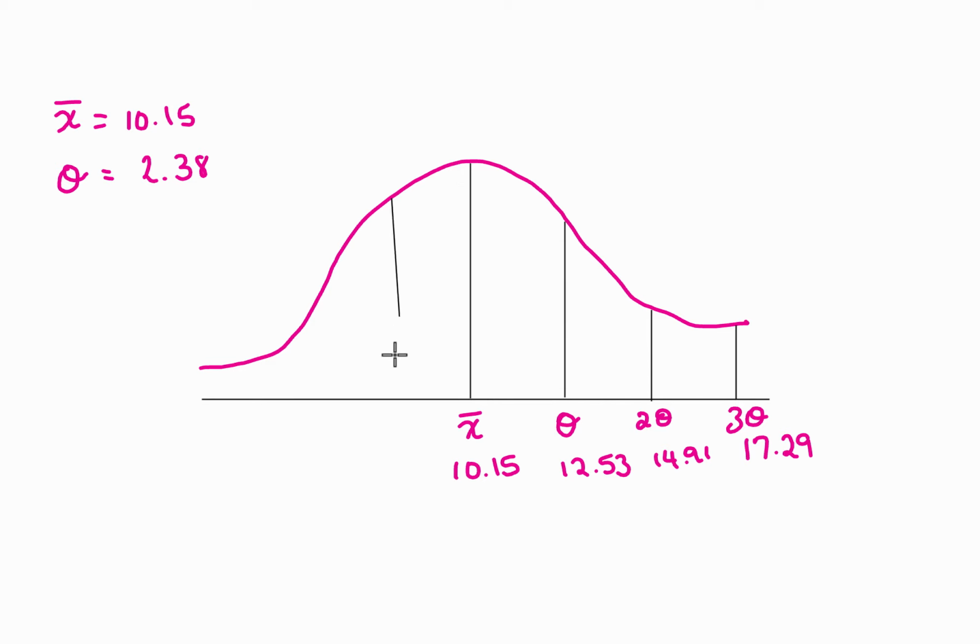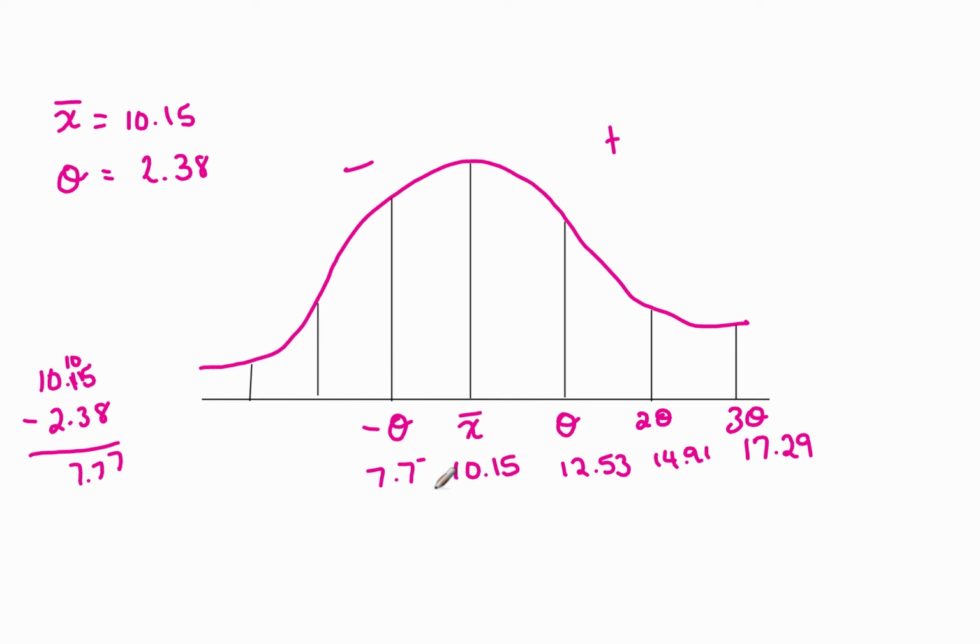Now we're going to go the other way. We're going to go below. So I think by now you kind of understand what's going to happen on the below. You still may not understand what this is all about, but you're like, all right, if I added when I went this way, obviously I'm going to subtract when I go this way. So one standard deviation below means I subtract, and you get 7.77.